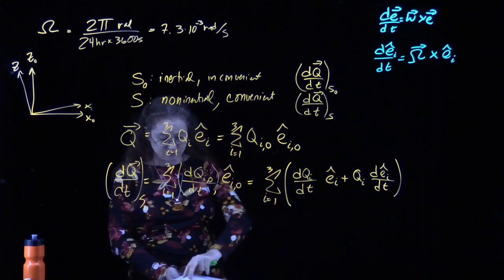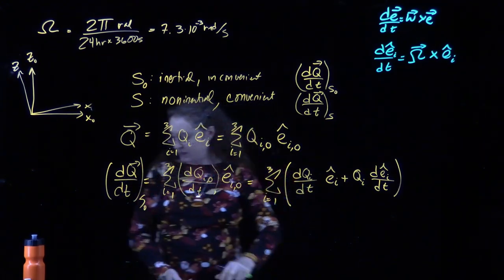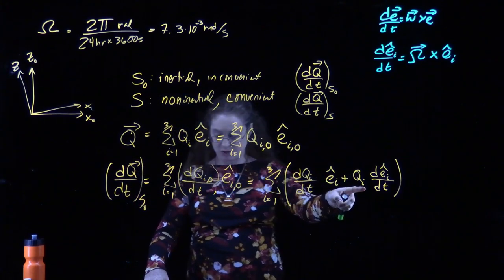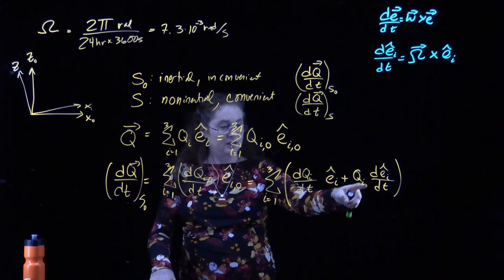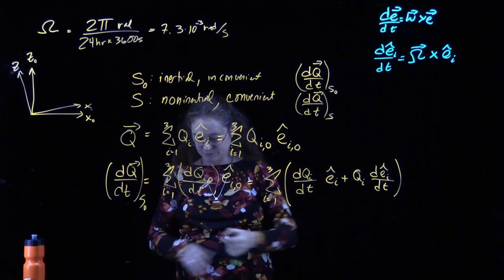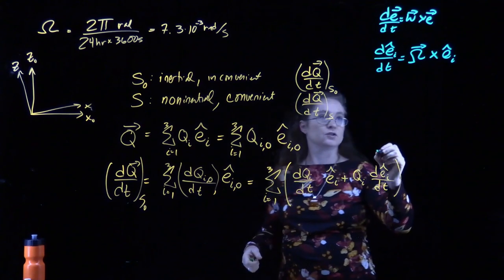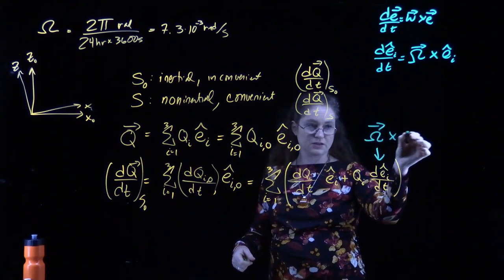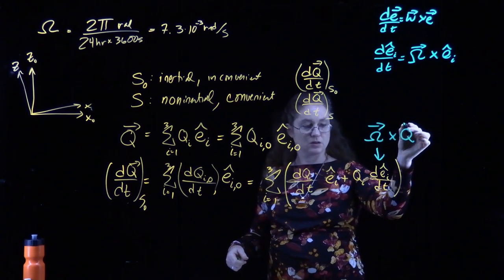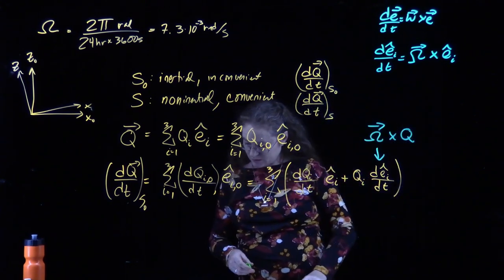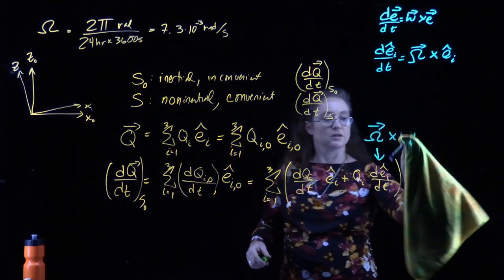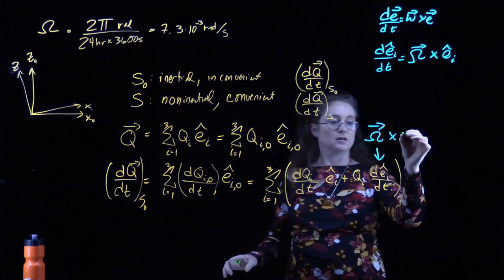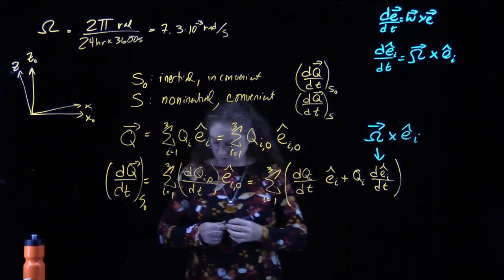So then I can come back to this equation, and this term is replaced by omega cross E hat i.